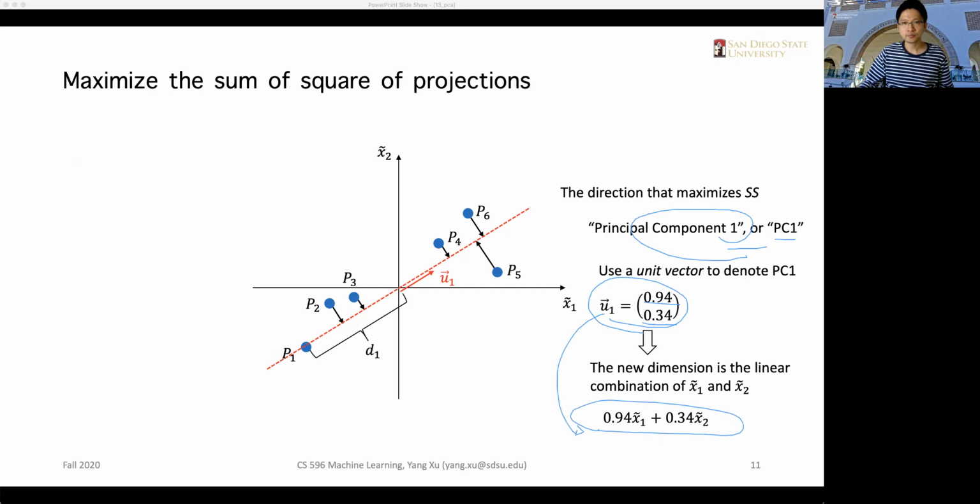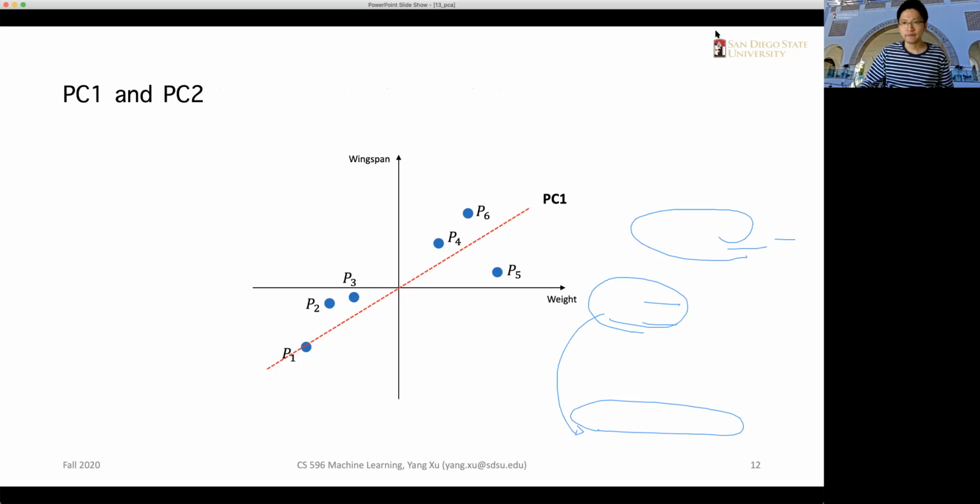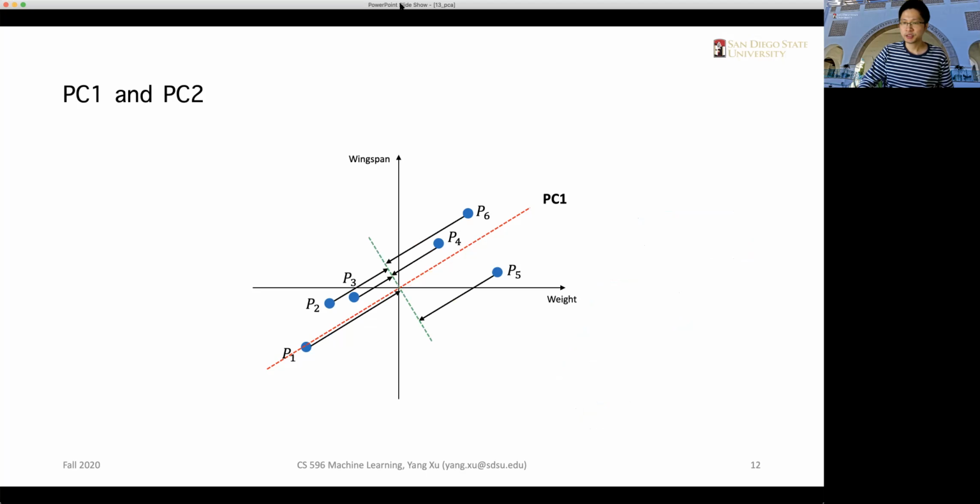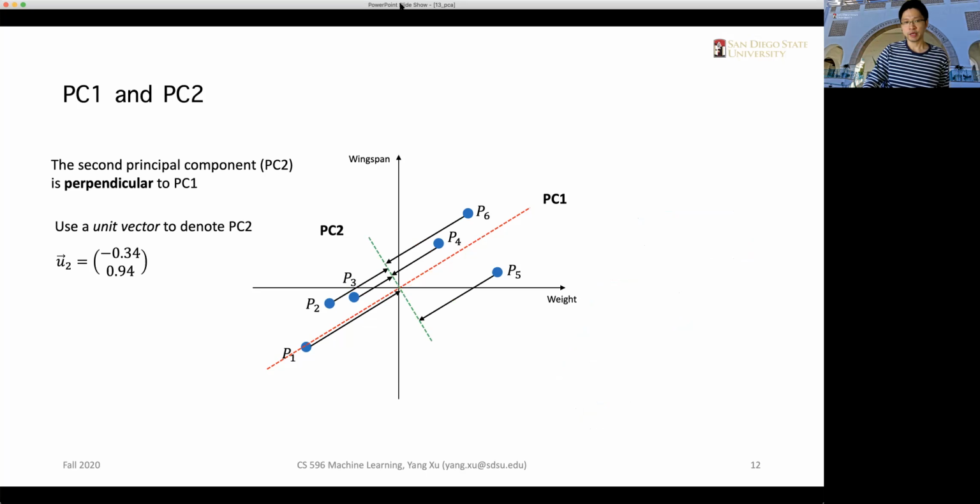Similarly, we will have the second principal component by looking at the direction that is perpendicular to PC1. The direction of PC2, the second principal component, is perpendicular to PC1, which is indicated by this red arrow.